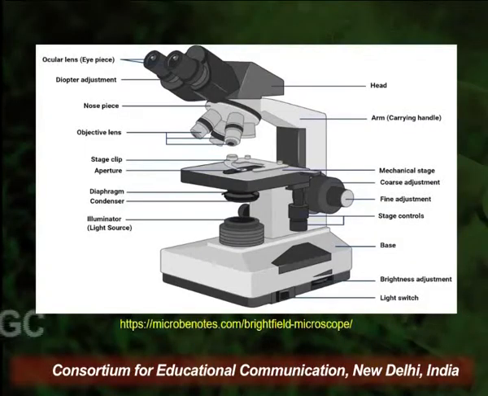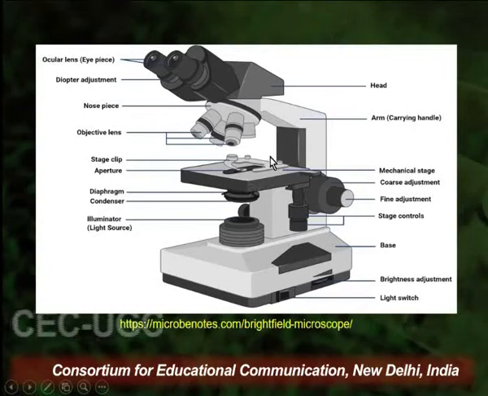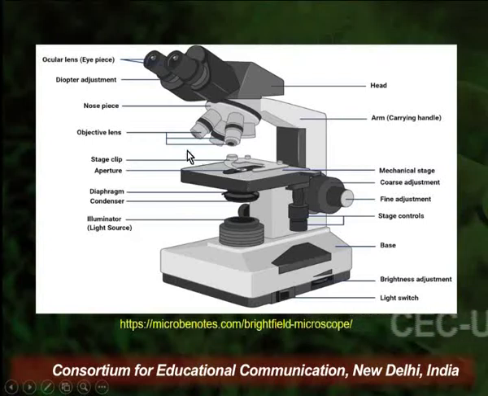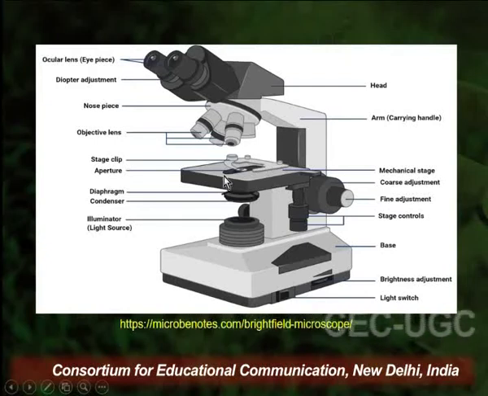Here you can see the diagram of a microscope, where the mechanical stage or specimen stage is the place where all the specimens are put, and this can move in all three dimensions. Because of this movement, all the other components are always fixed, and the specimen can be adjusted so that it lies in the path of the light beam.